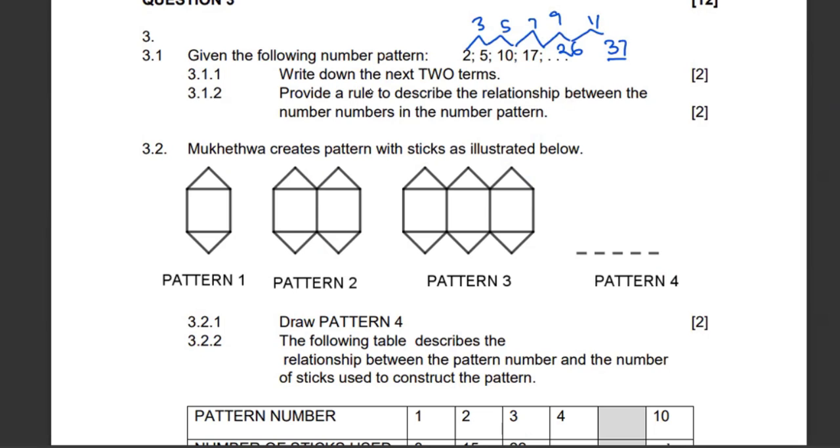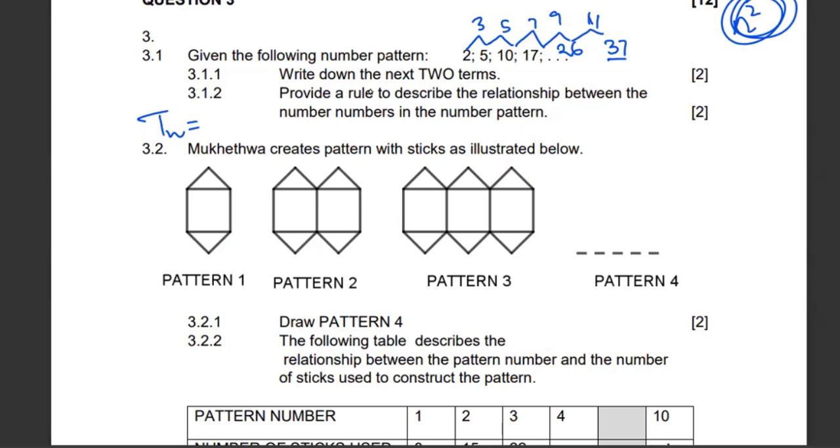Then provide a rule to describe the relationship between the numbers, okay? Meaning that we must look for the Tn. So whenever we have a pattern whose difference is not the same or whose difference is not consistent, it simply means that it's going to be something squared, n squared, okay?